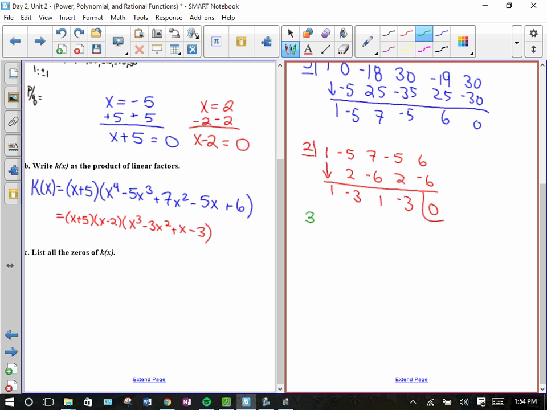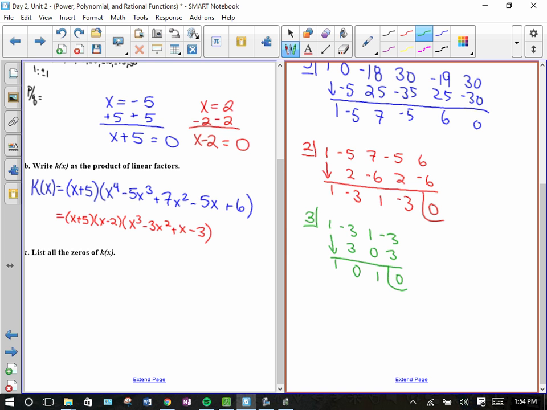Okay, 3. 1, negative 3, 1, negative 3. Bring the 1 down. 3 times 1 is 3. Negative 3 plus 3 is 0. 3 times 0 is 0. 1 plus 0 is 1. 3 times 1 is 3. 0.